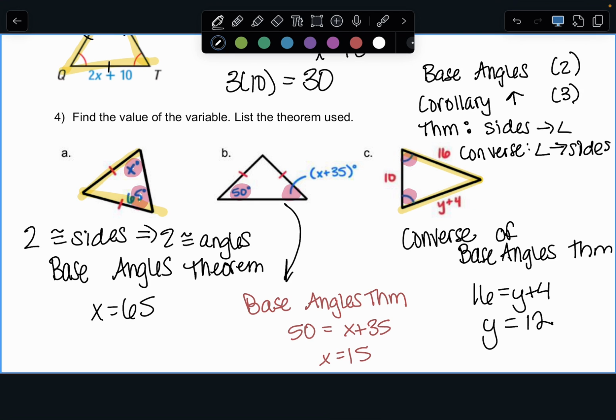So for example, if we were proving 3 angles were congruent because we had 3 sides congruent, we would say that is the corollary to the base angles theorem. And if we went the other way, it's the converse of the corollary of the base angles theorem. Okay, it gets a little wordy.